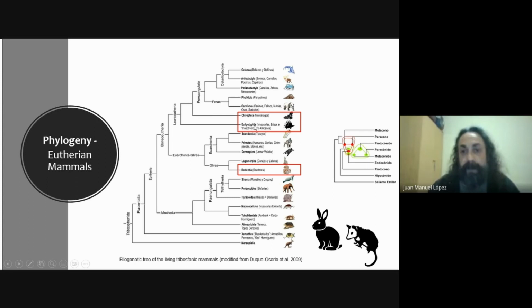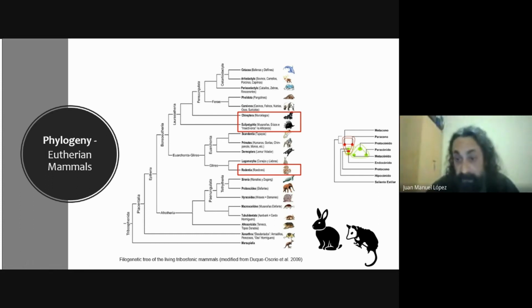For example, Chiroptera are bats, Eulipotyphla are mainly the European insectivores, to include shrews, hedgehogs, and moles. And after we have rodents that include the various families, etc.